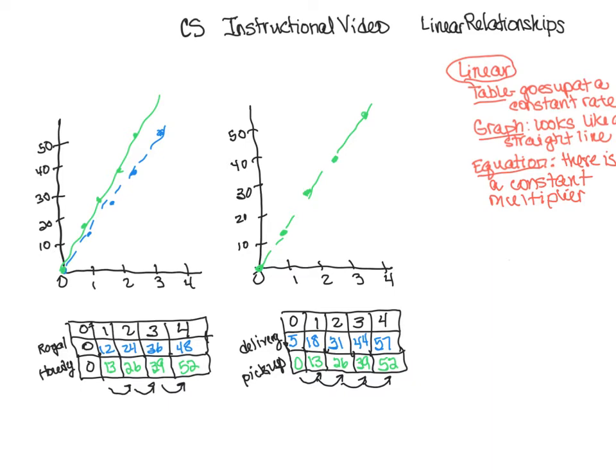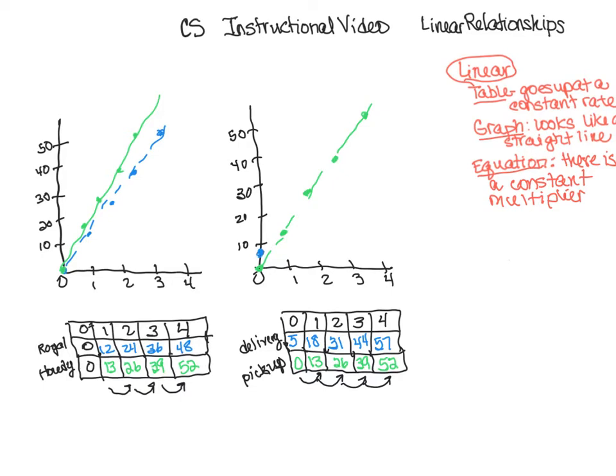Now, we're going to look at the delivery. Remember we talked about this when I went over it in the book, in the last video. I'm starting with 5 because before I figure out anything, I know that delivery is going to cost me $5 plus whatever my price of my pizzas are. So when I start this line, I'm starting here.